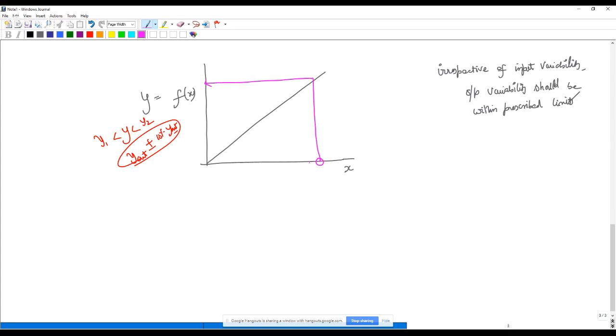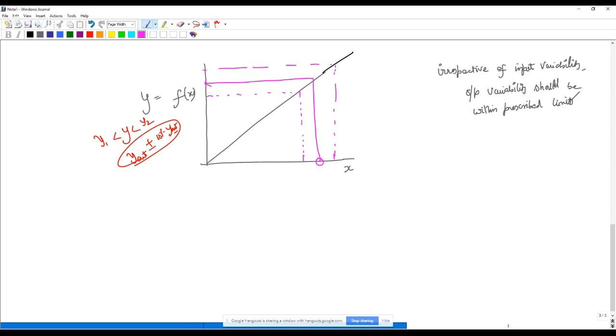If you mean this point, it could mean anywhere between here and here. Correspondingly, this is the variability. If your input is varying, then your output is also varying.